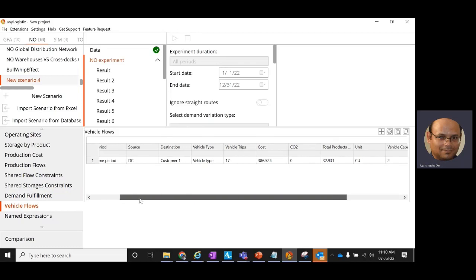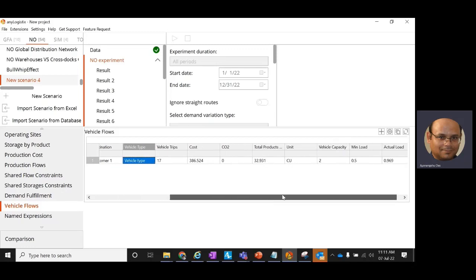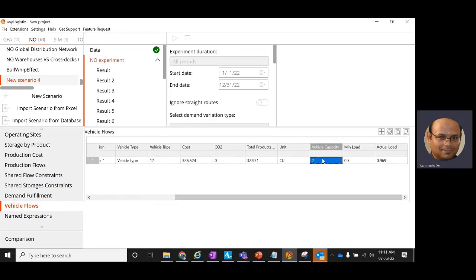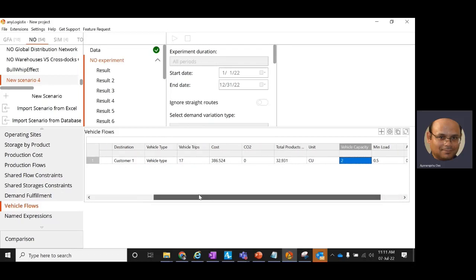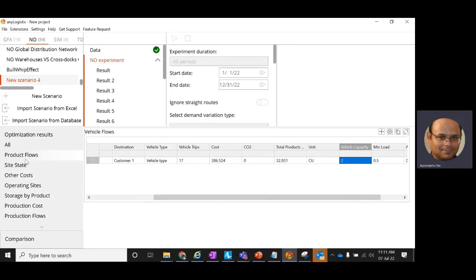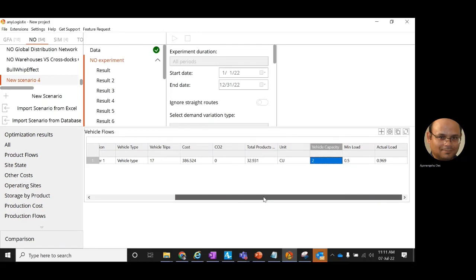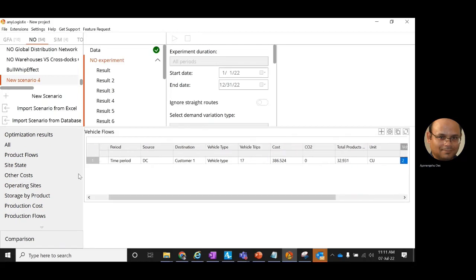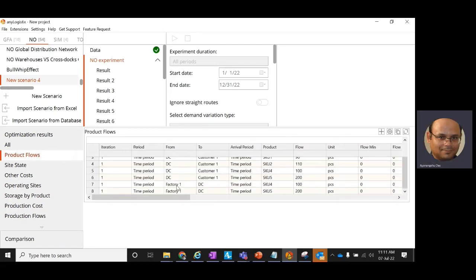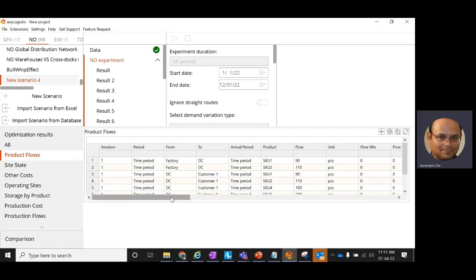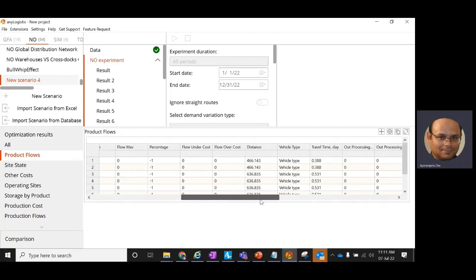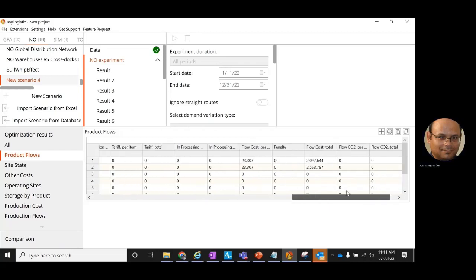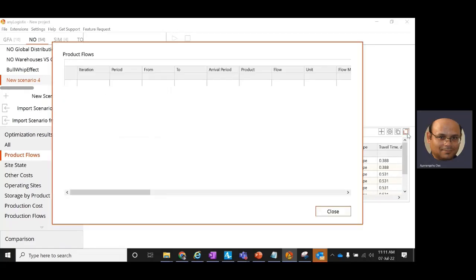So what we see is that there is one flow from the DC to customer that has happened in the vehicle, and the vehicle capacity was 2, and the total volume to be shipped was... We don't see over here whether it's a vehicle FTL or LTL.